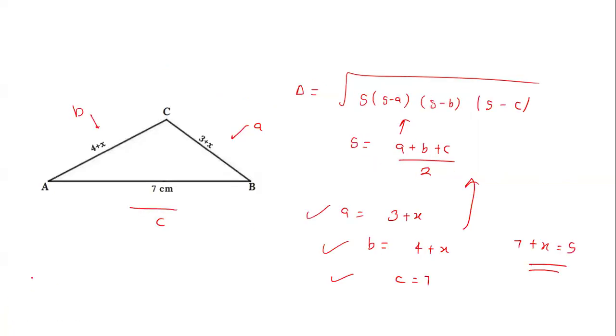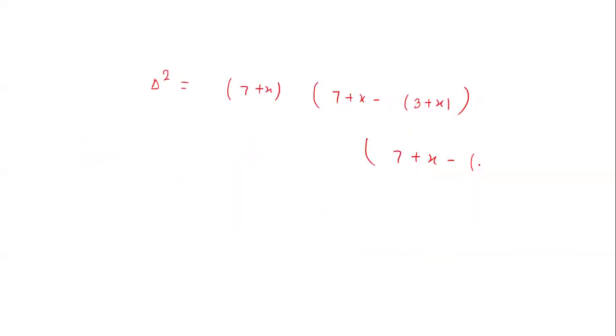So del square is s, which is 7 plus x, times 7 plus x minus a, where a is 3 plus x, times 7 plus x minus b, where b is 4 plus x, times 7 plus x minus c, where c is 7.